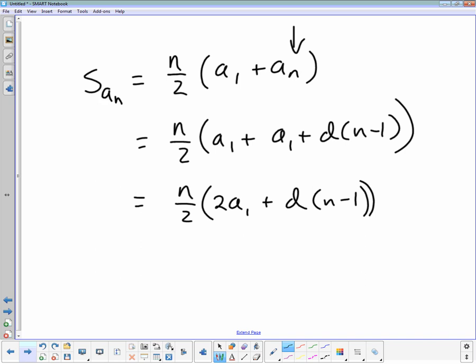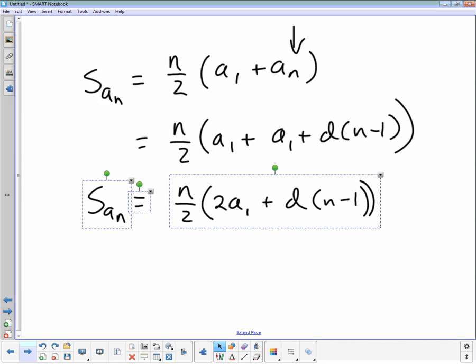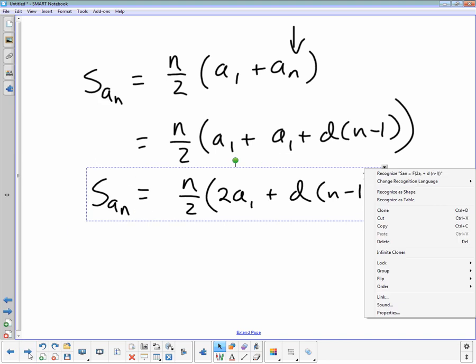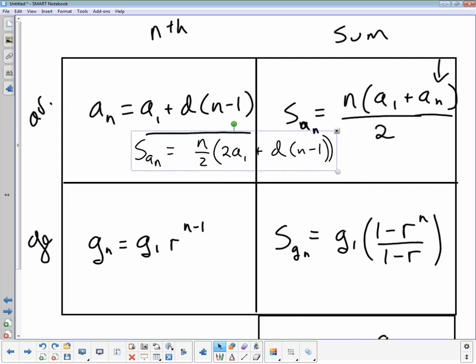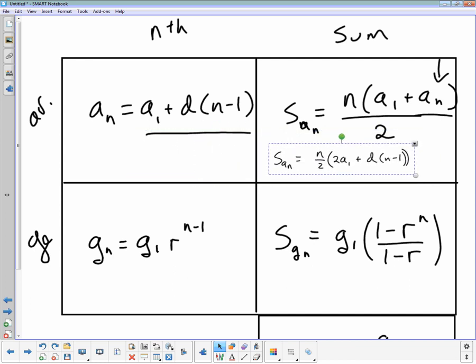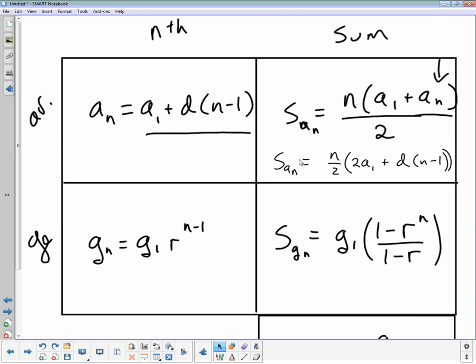So if you don't have the last term, this is the one to use. I'm not sure if the IB formula sheet has them both. It probably does. If it doesn't, you can derive it yourself. You just plug one into the other like I just did.